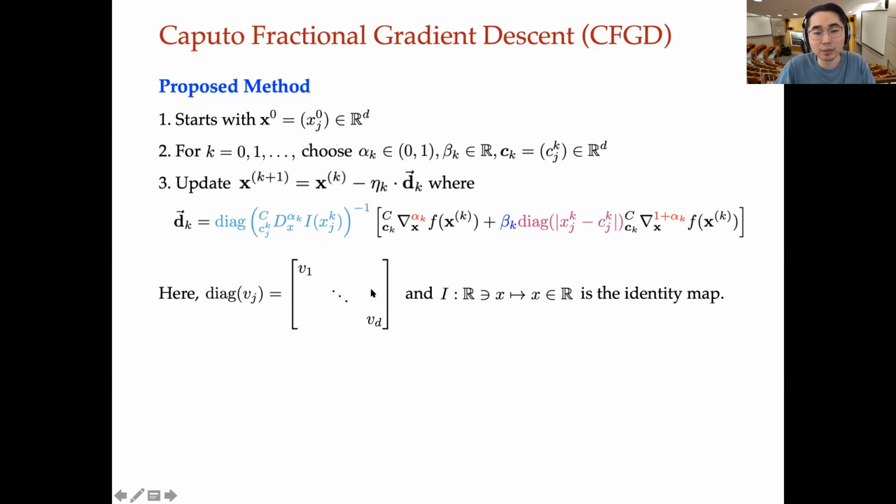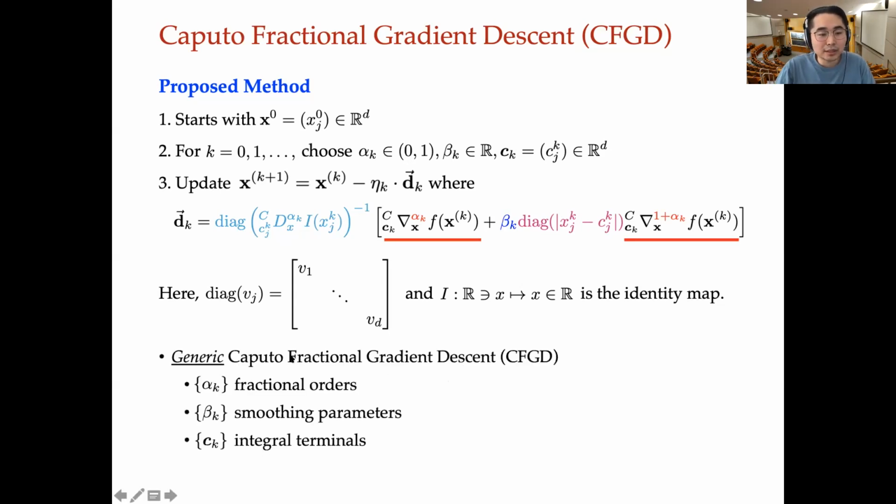Then we have some scaling here. You see that we have the Caputo fractional gradient with respect to x, with orders alpha k and 1 plus alpha k. And we have a beta k here and diagonal scaling as well, which is the difference between the current point and our integral terminal.